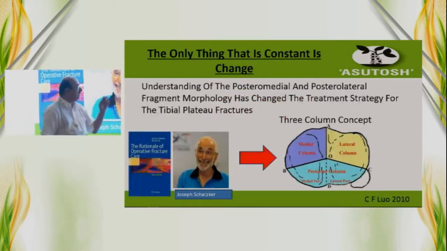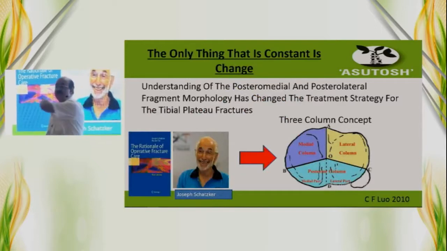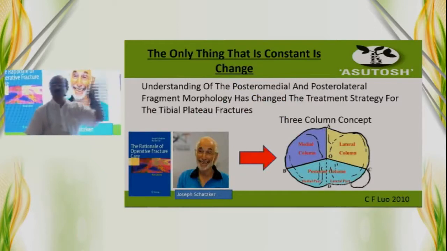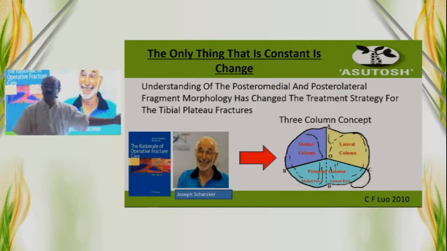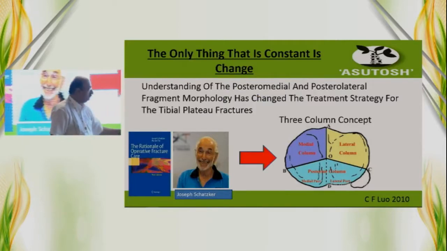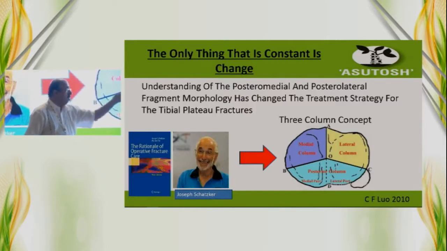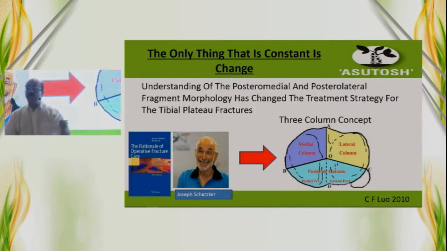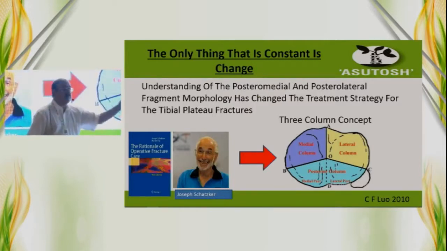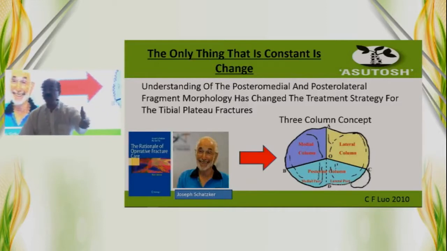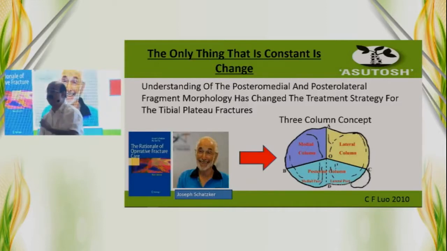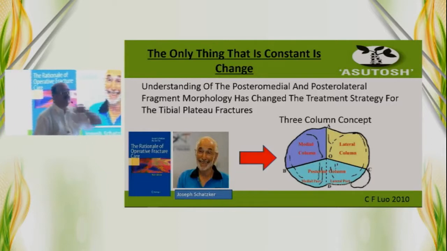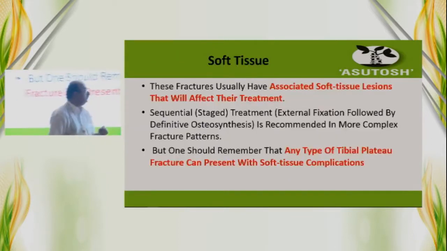If we see this, 40 years of Schatzker and 7 years of Luo's three-column concept, Schatzker is virtually thrown out. Although a pioneer, last year from a three-column concept we heard of a five-column concept, and we have a ten-column concept, so the only thing that is constant is change.